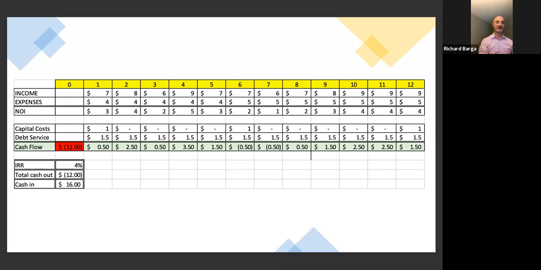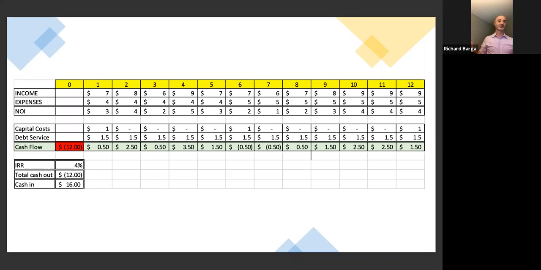Year 0 shows our cash outflow, and then years 1 through 12 show the cash flows coming in based on what we know about our property: our income that is set on our rent roll, our expenses for building maintenance and other costs that we incur, our capital costs, our one-time fixes that we need to make to the property, and our debt service that we are paying back to the bank for the money that we have borrowed.